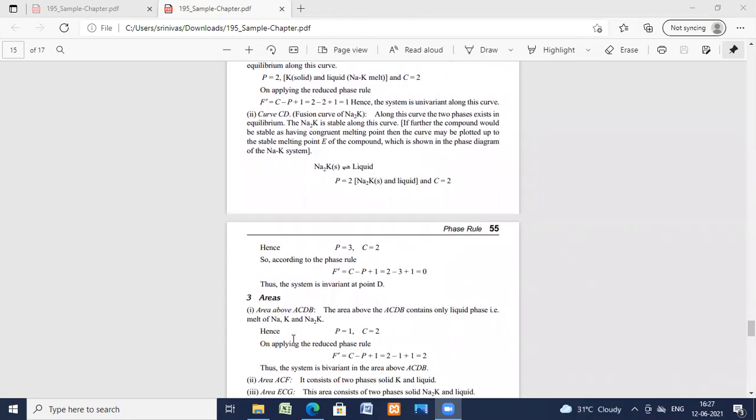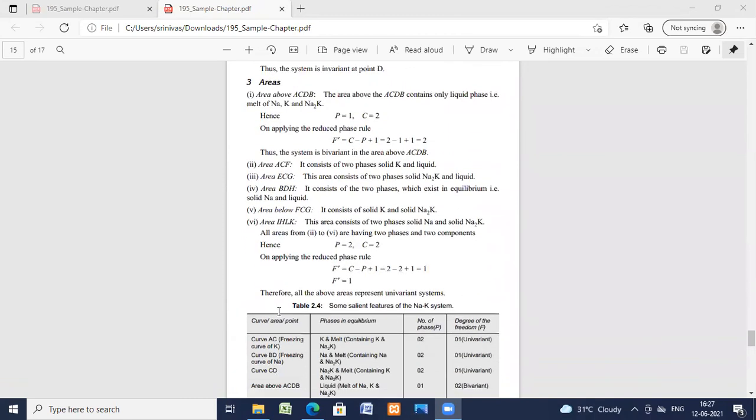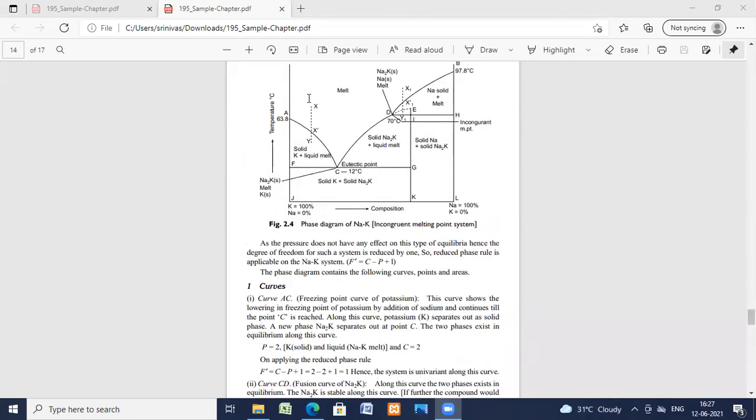Now coming to the areas. In the area ACDB, it contains only one liquid phase, that is the melt of sodium, potassium and Na2K. So that intermetallic compound, sodium and potassium, is a complete melt in ACDB.